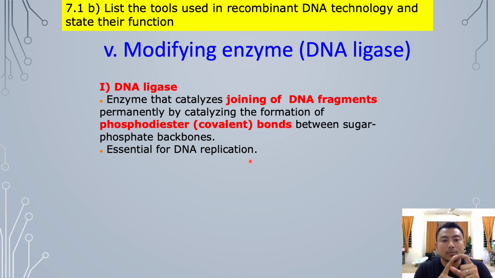And then what enables the gene of interest to be ligated or to be joined with the plasmid? You need this DNA ligase for this purpose. So this DNA ligase will join these DNA fragments by making the phosphodiester bond.